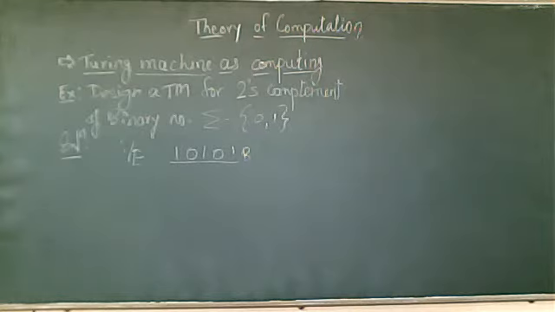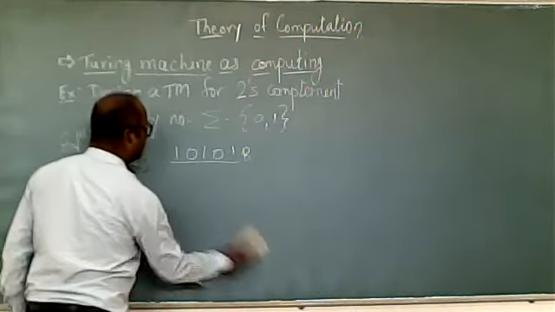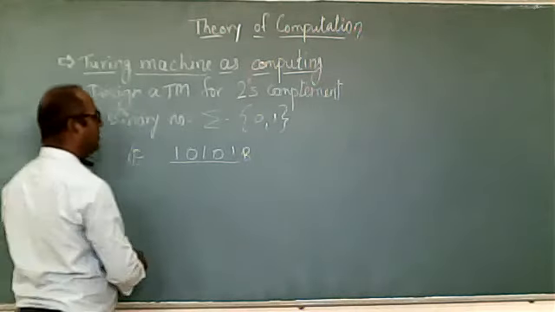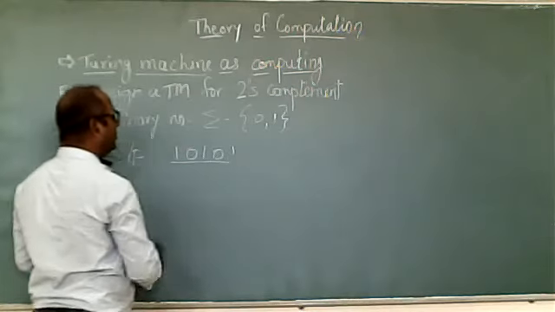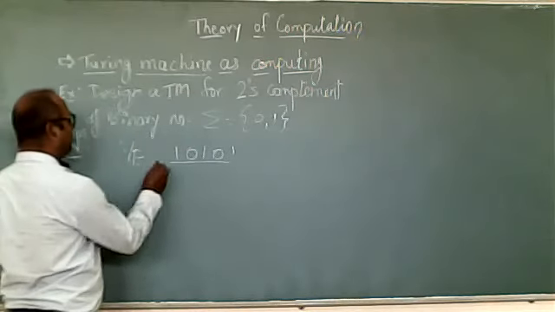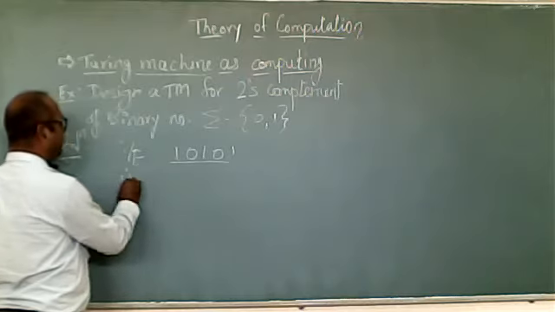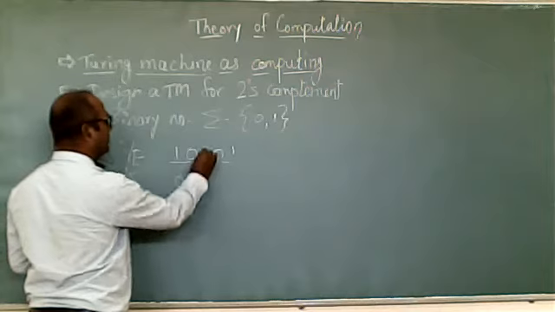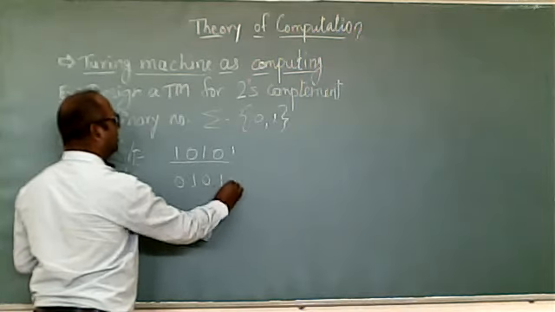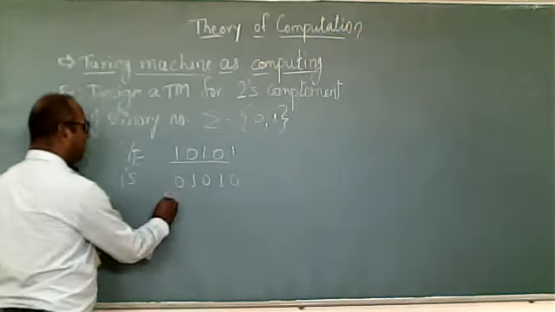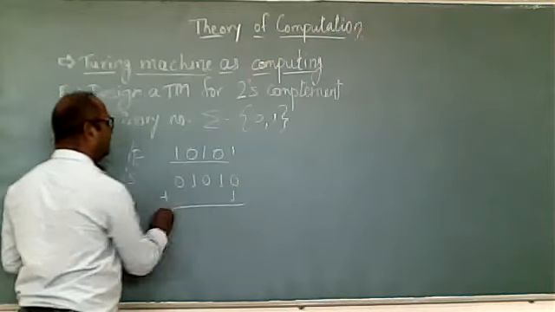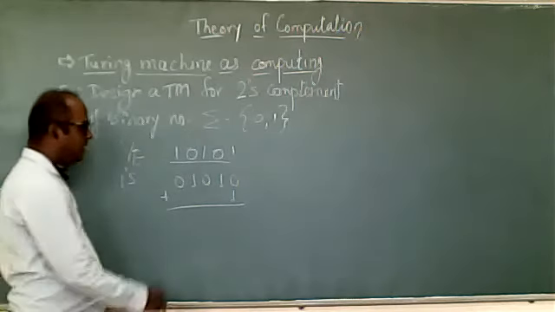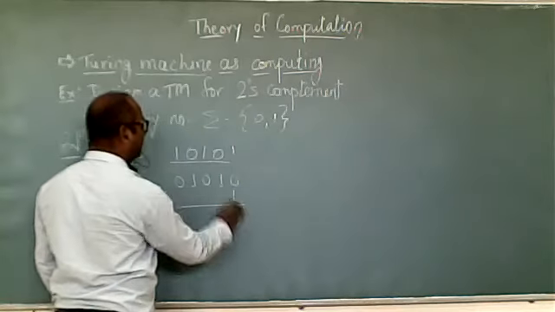The simple logic is, suppose this is your input, 10101. How do we make the two's complement? First we take the one's complement. So 1 will become 0, 0 will become 1, 1 will become 0, 1 and 0. This is the one's complement. And by adding 1, we get the two's complement.